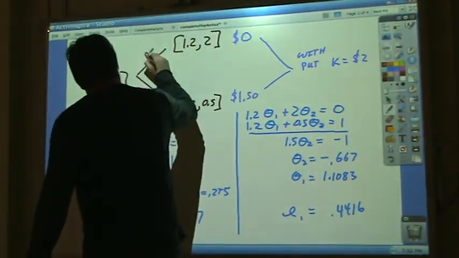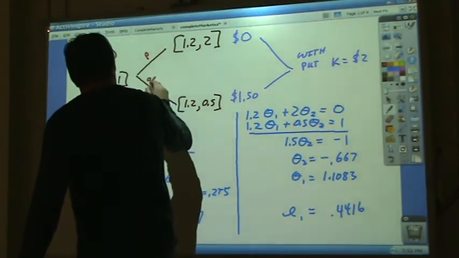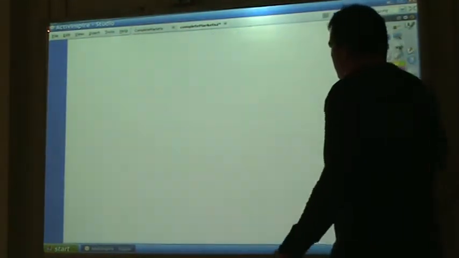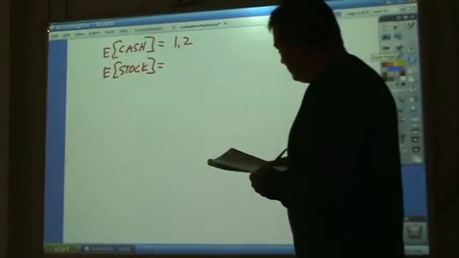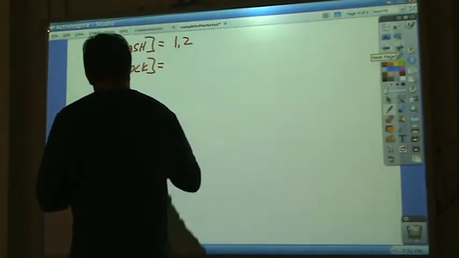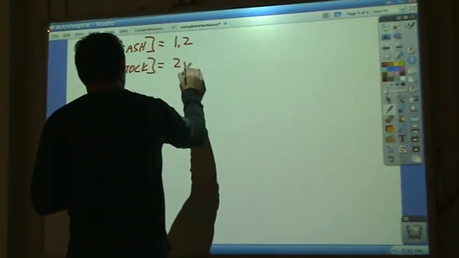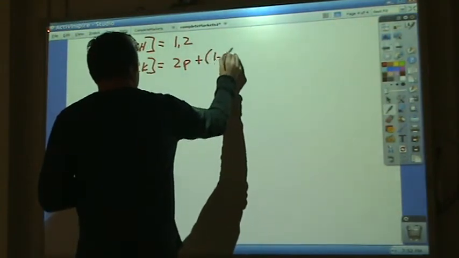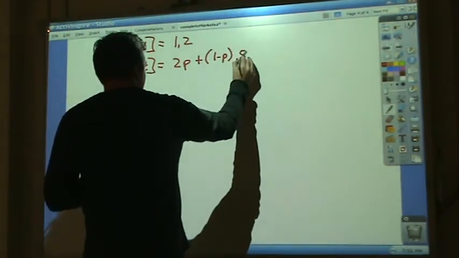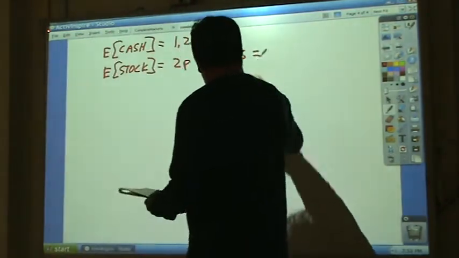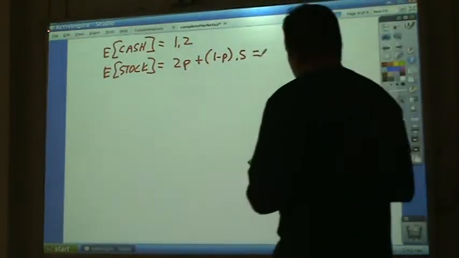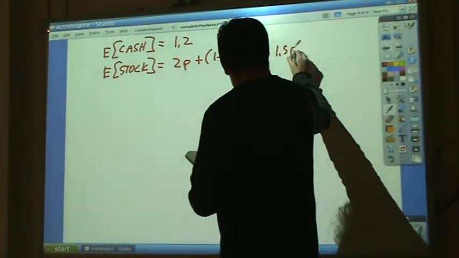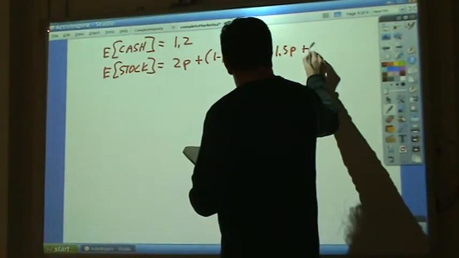So we'll make this a P, and this one will be Q, which is equal to 1 minus P. So what would this be? This would be 2 times P plus 1 minus P times 0.5, which equals 1.5 P plus 0.5.